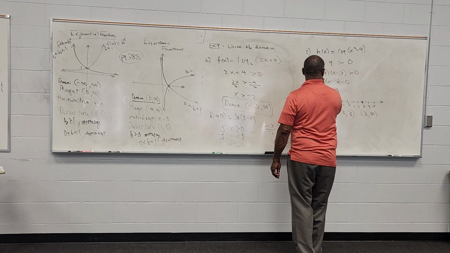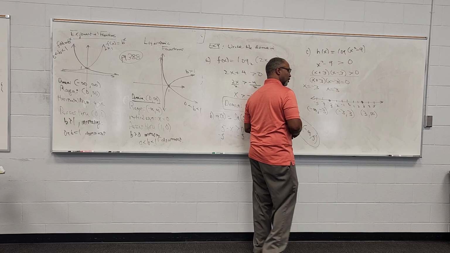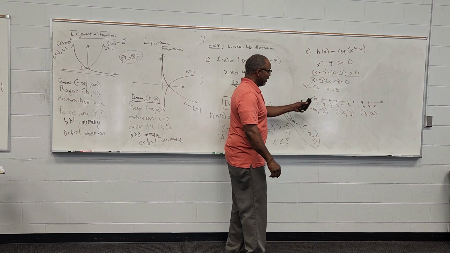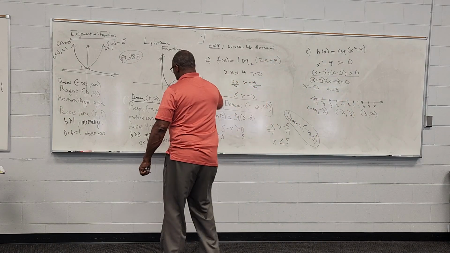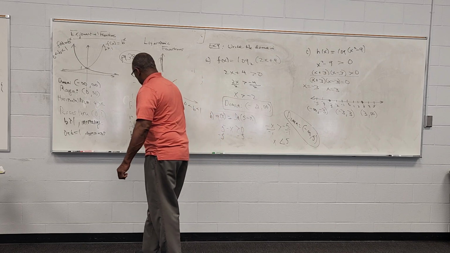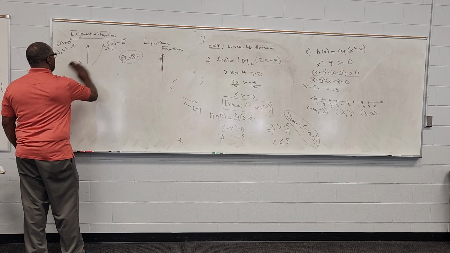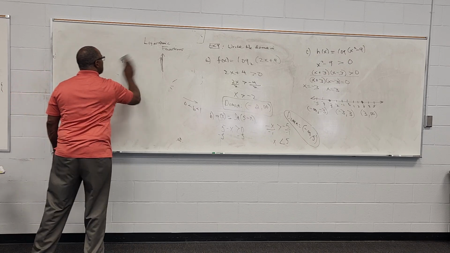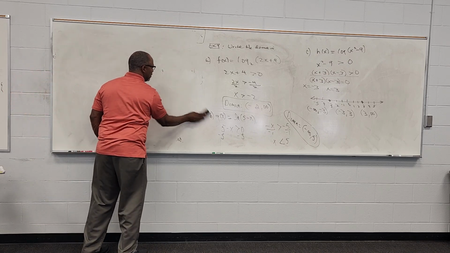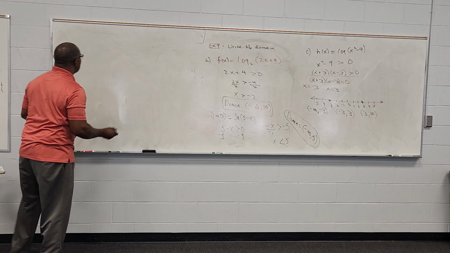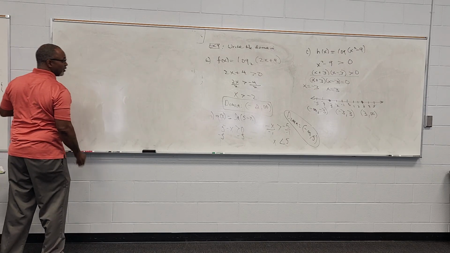So what I'm going to do is investigate that product, and figure out the sign of that product in each one of those respective intervals. I want to figure out if that thing is positive or negative in each one of those respective intervals. So we write those intervals down.